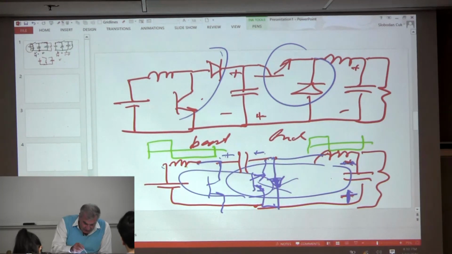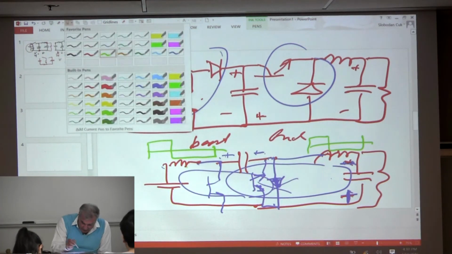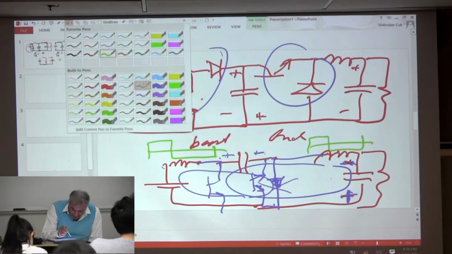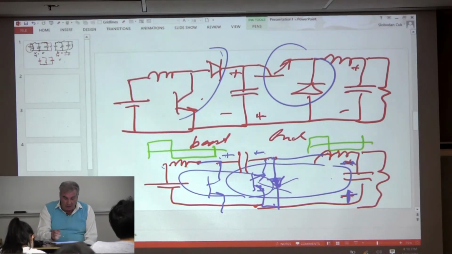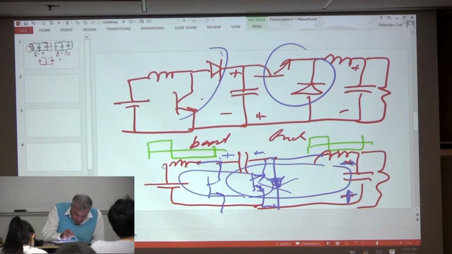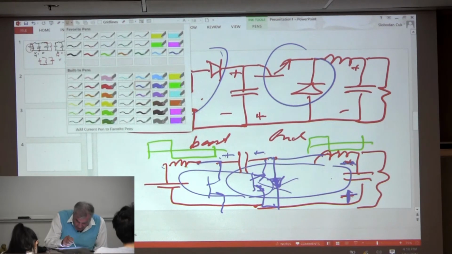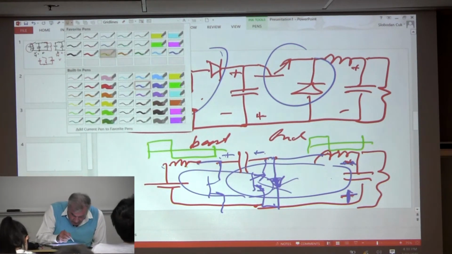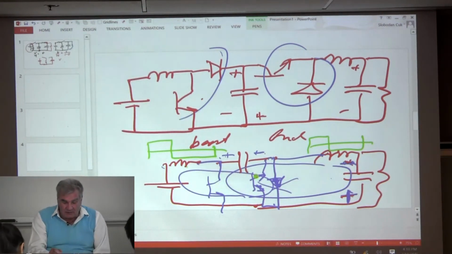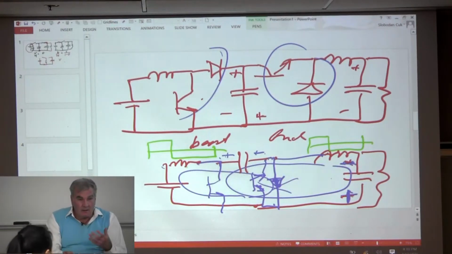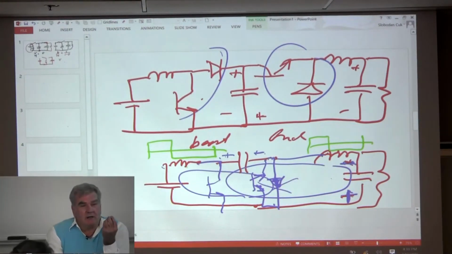You can analyze it and find out the voltage waveforms are identical. But here there is a circuit trick you can use, and let me do one of those. And what is a circuit trick? I look at this circuit, and let me use a different color, maybe green, so you can see it differently. Think about circuit components.